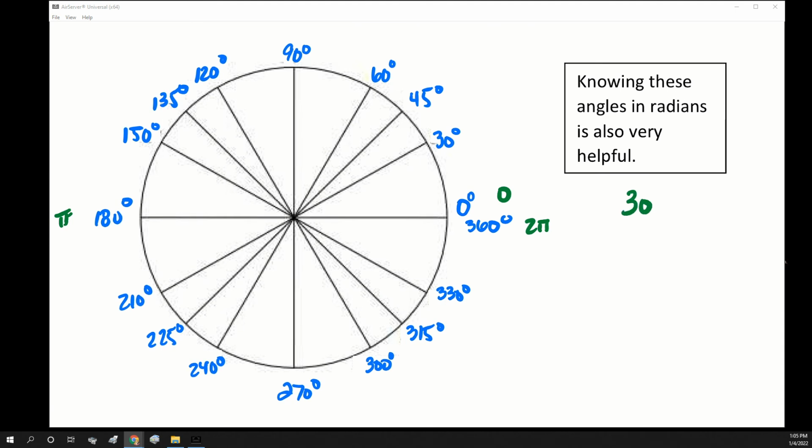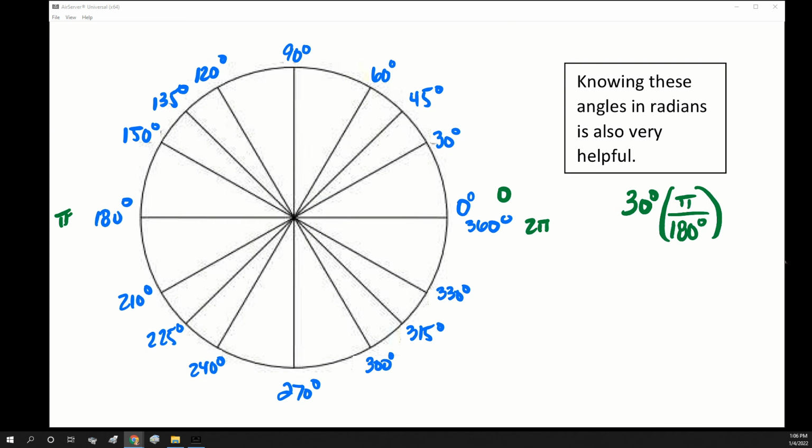So we'll take 30 degrees, and to convert degrees to radians, you multiply by pi over 180. So this is like 30 degrees over 1. The degrees is on the top.